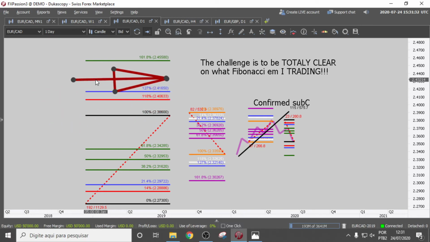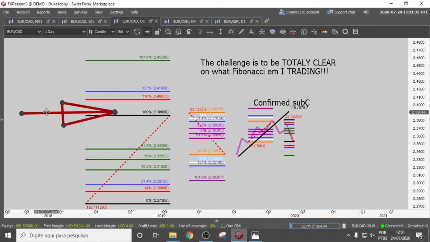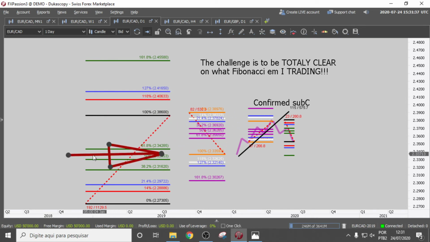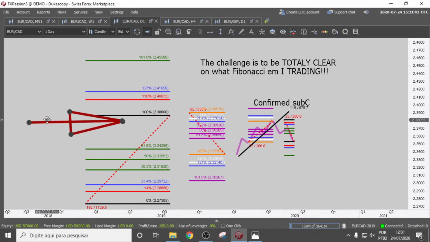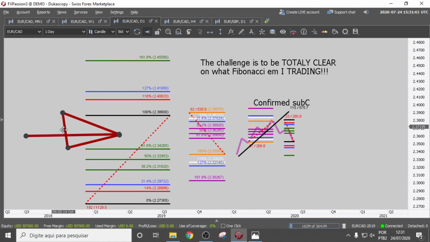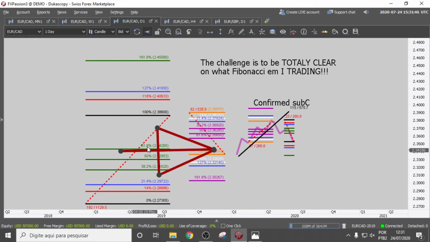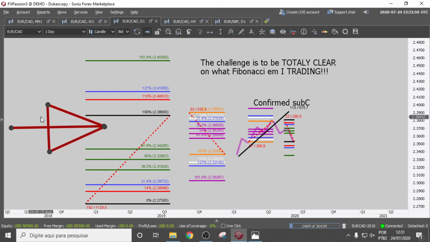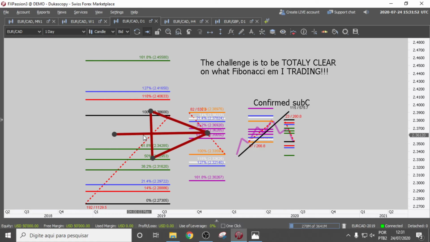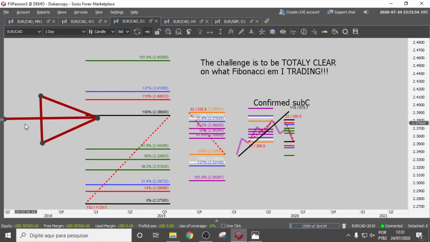everybody, you need to learn that analyzing the chart and analyzing the market is one thing, and trading the chart and trading the market is another. It's not the same. Okay, this is the challenge. You cannot enter the Forex course 2 until you are clear on this.